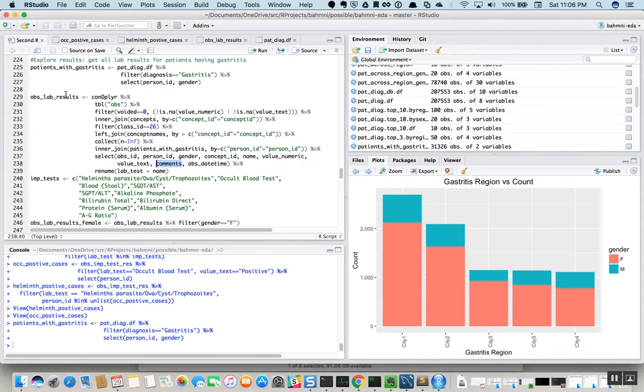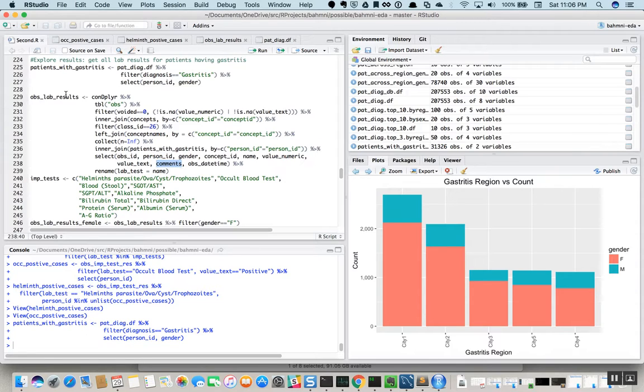Right now I'm looking at all the results for the patients who have been diagnosed with gastritis. Maybe we'll have to look at, say, plus or minus 2 to 3 months from the time they were diagnosed with gastritis. Within that 6 months duration, maybe we should look at all the lab results, but it clearly depends on a case to case basis.